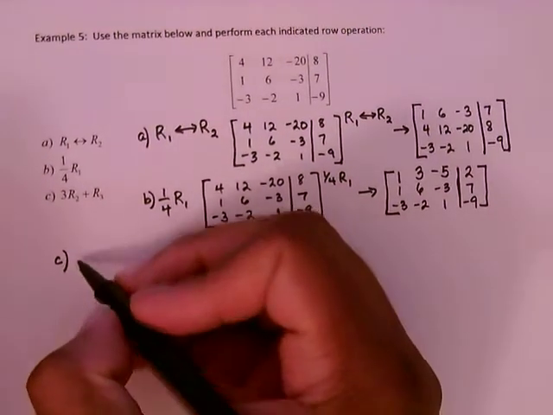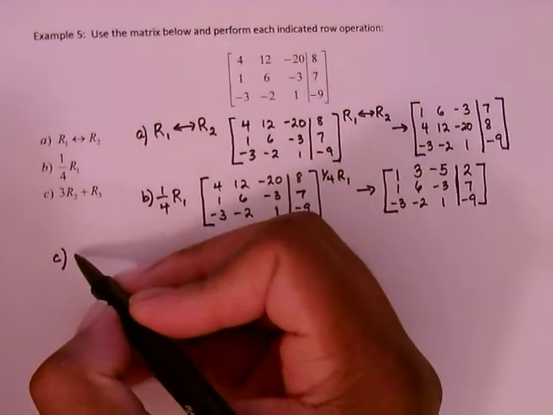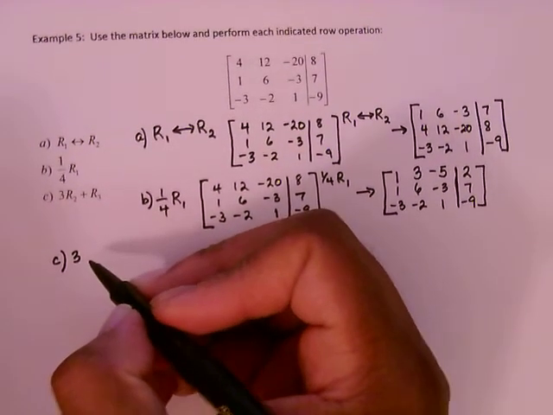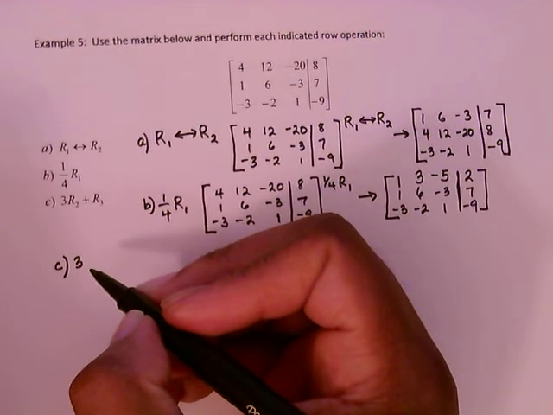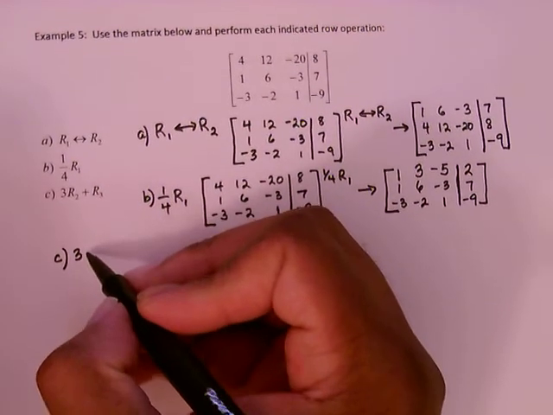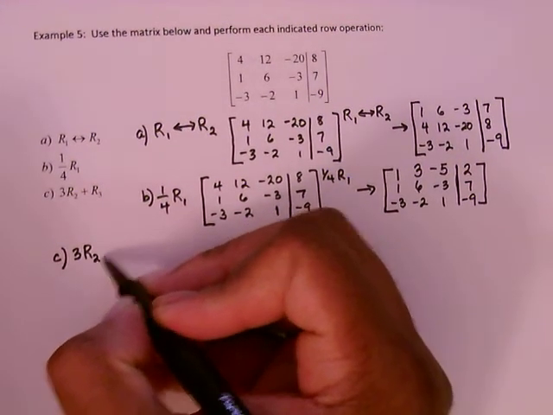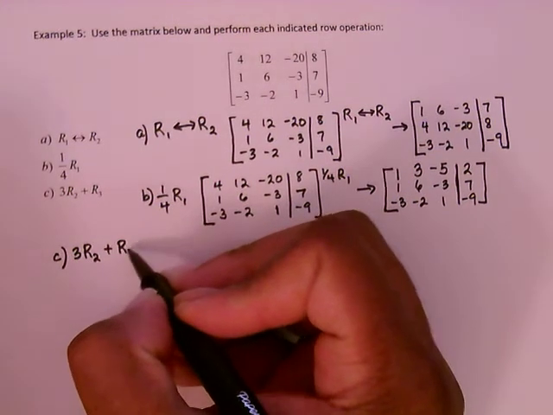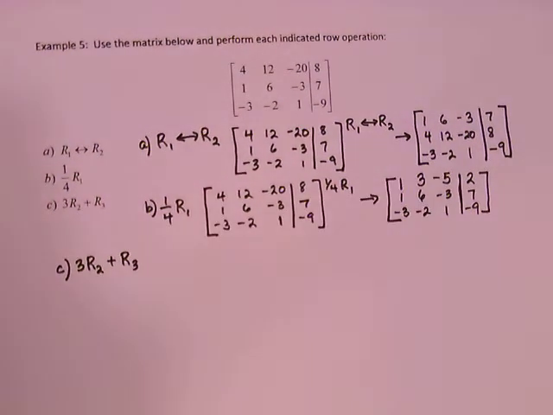Now part C is this. I'm going to take 3 times each element in row 2 and add that to row 3. Three times each element in row 2 and add it to row 3.